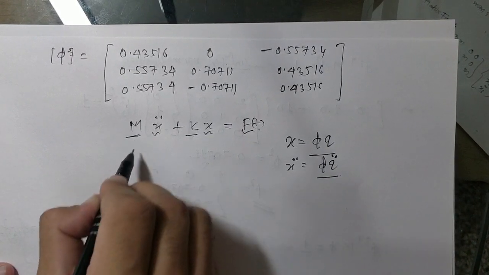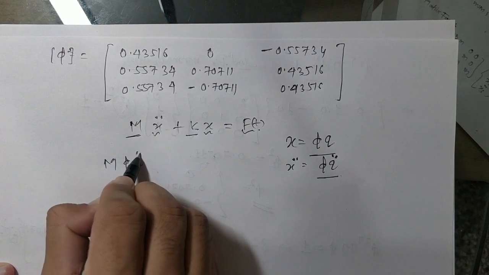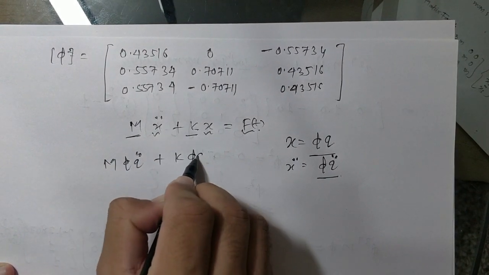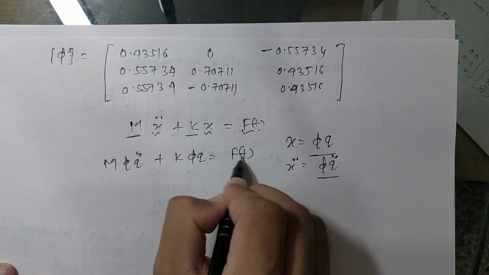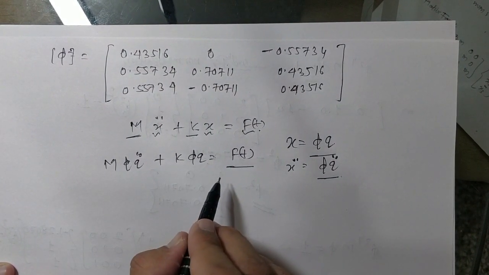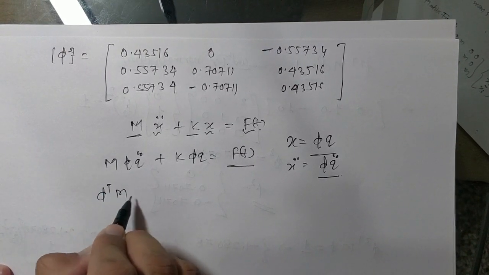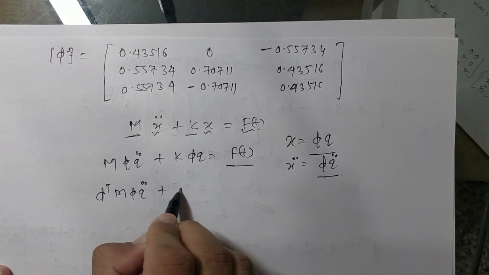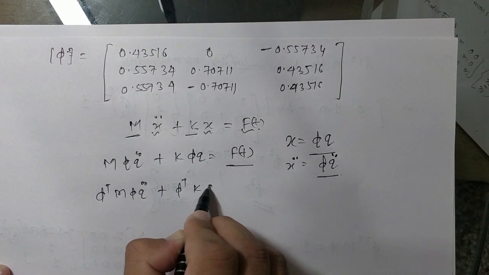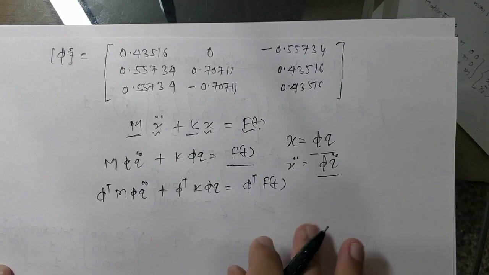If we replace these values into this equation, this becomes M phi q double dot plus K phi q is equal to F(t), and if we pre-multiply by the transpose of the modal matrix, this becomes phi transpose M phi q double dot plus phi transpose K phi q is equal to phi transpose F(t).